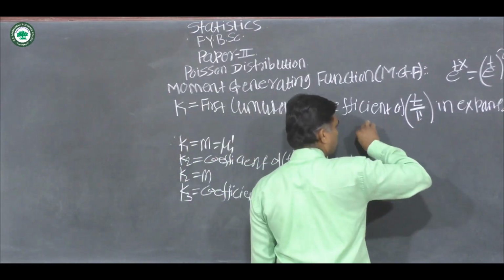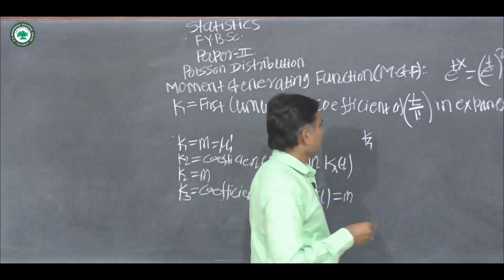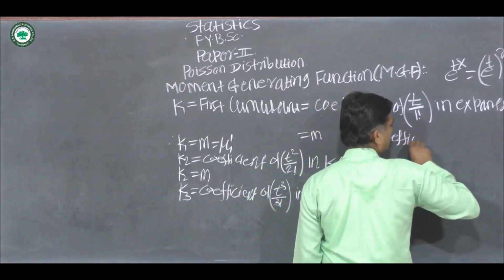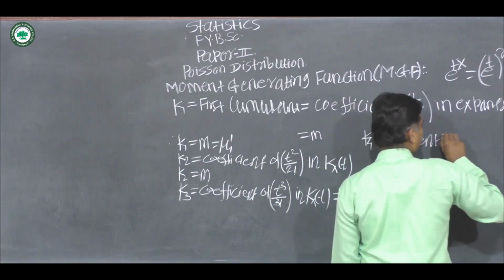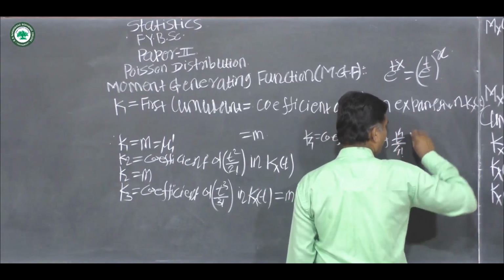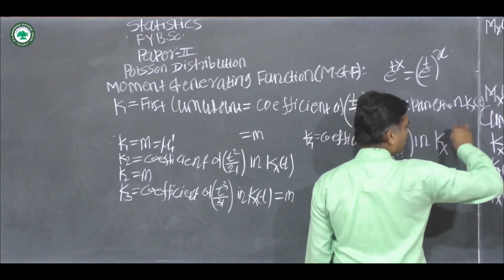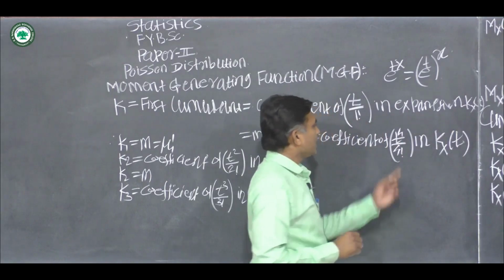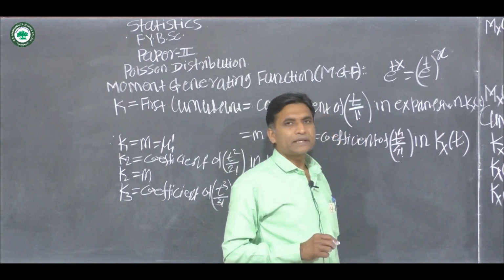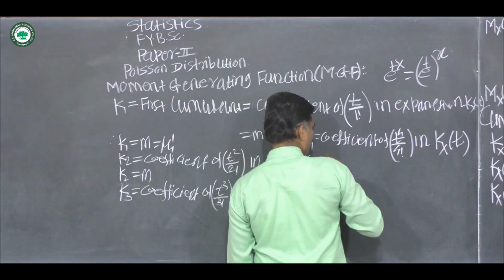Then the fourth cumulant of the Poisson distribution is denoted by K4. Then K4 is equal to the coefficient of t raised to 4 upon 4 factorial in the expansion of Kx(t), and the coefficient of t raised to 4 upon 4 factorial is again m, that is K4 is equal to m.